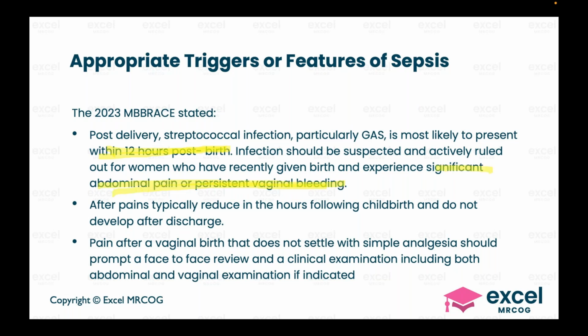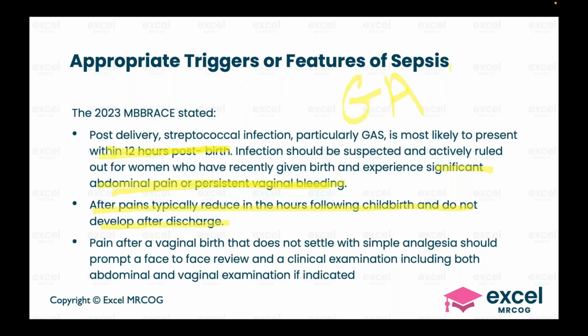After pains typically reduce in the hours after birth and do not develop after discharge from the hospital. The cramps you get after delivery would disappear within a few hours, and she would not have them after discharge. But if she has persistent pain, you need to suspect group A strep infection.